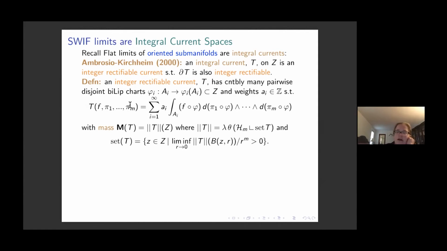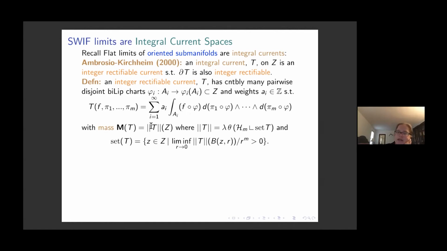And T acting on them is defined to be the sum of a_i times the integral over these A_i, which are Borel sets in R^m, the m that matches this m, of f pulled back by φ, d(π_1 pulled back by φ), ..., d(π_m pulled back by φ). All of these are Lipschitz, therefore they're differentiable almost everywhere on the A_i, and we can do this integration. This integration is done on a Borel set in R^m, so it's well defined.